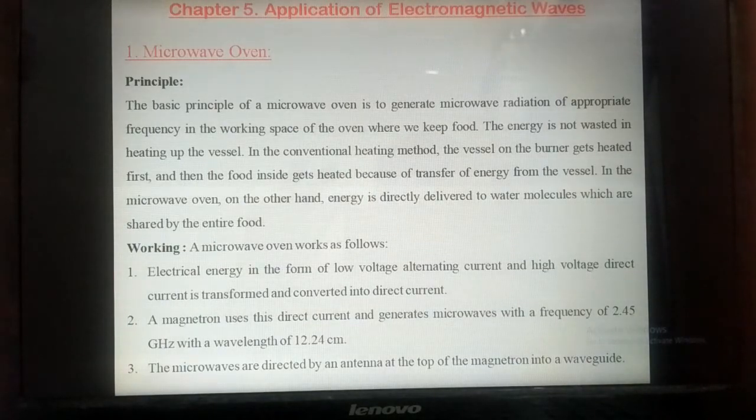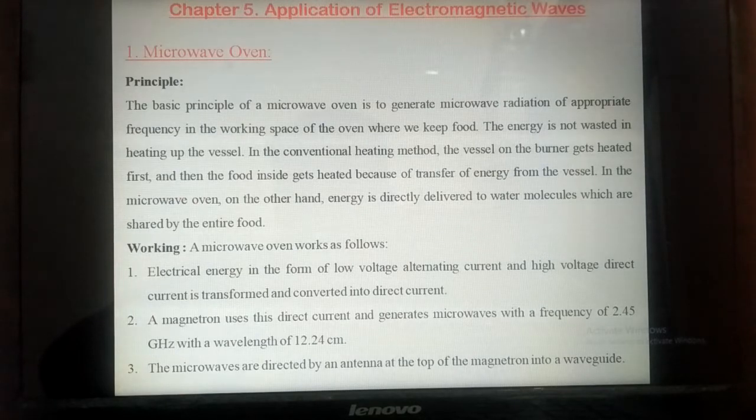The microwave oven is to generate microwave radiation of appropriate frequency in the working space of the oven where we keep food. The energy is not wasted in heating the vessel.